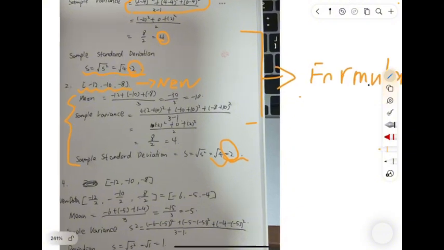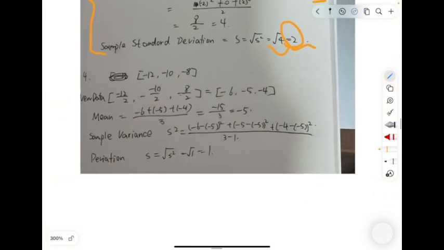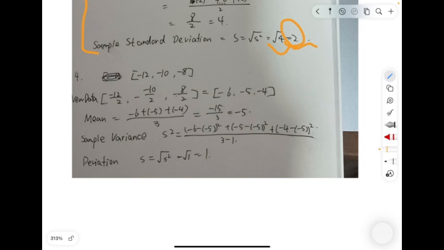So for question 4, take the data set from question 2. From question 2, we have the data set minus 12, minus 10, minus 8 with a standard deviation of 2. The new data set is this one.